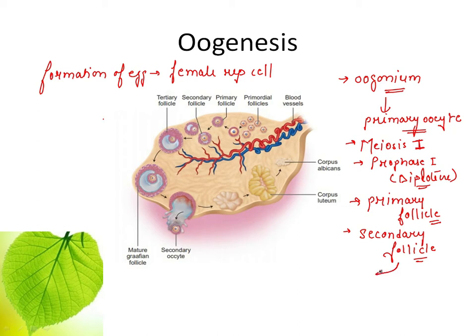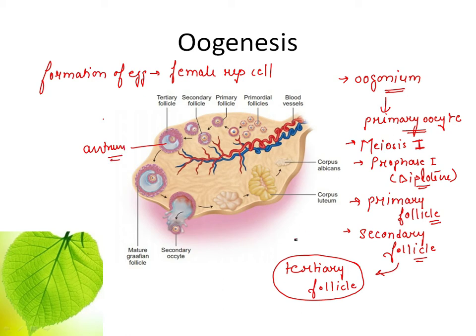This secondary follicle gets developed into tertiary follicle, which is more developed one, and it is characterized by the appearance of a fluid filled cavity that is called as antrum.